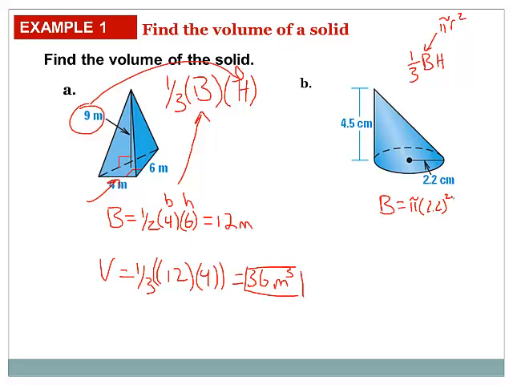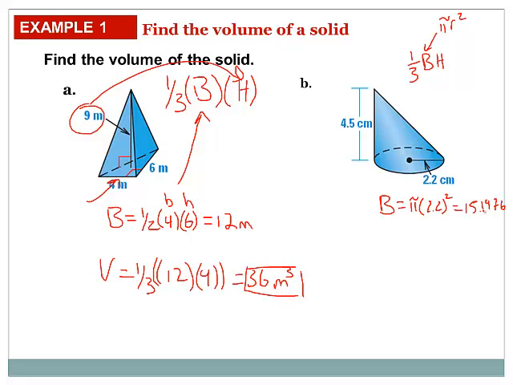Unless it's specified, you can just use 3.14 or your pi button. It really doesn't matter. If you do this in your calculator you get 15.1976. So that's your big B.